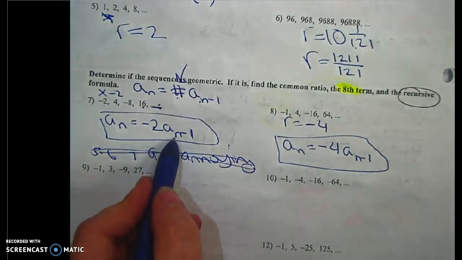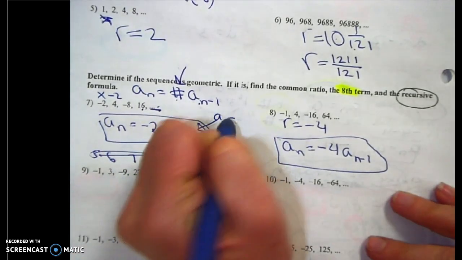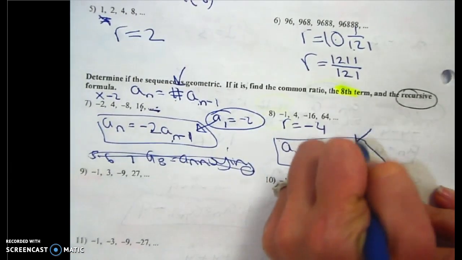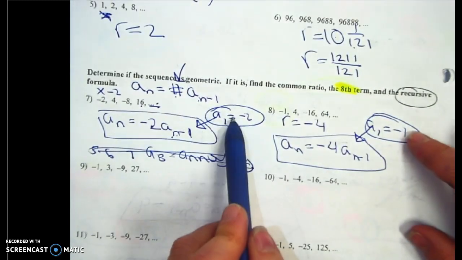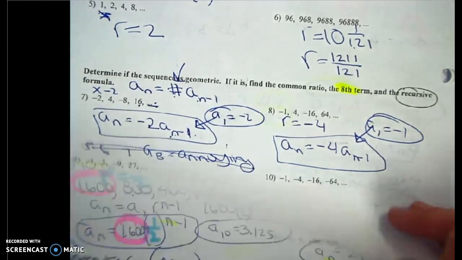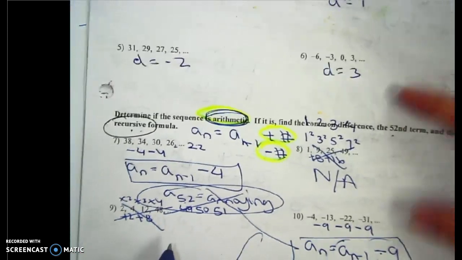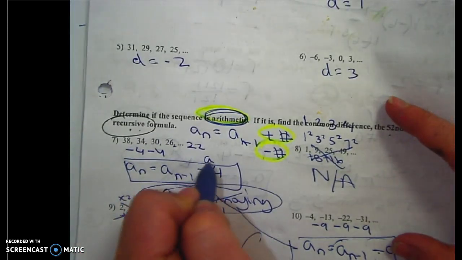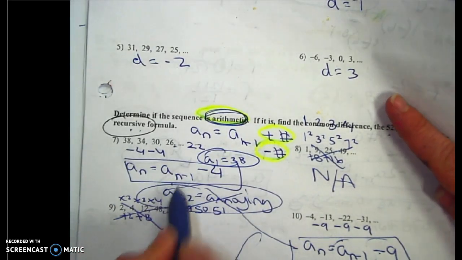And of course, for the recursive, you would, oops, I lied. You've got to also say a sub 1 equals -2. A sub 1 equals -1. So I've got to actually state what the first term is, which means on all of these, I've got to fit in there a sub 1 equals 38 as part of my answer.